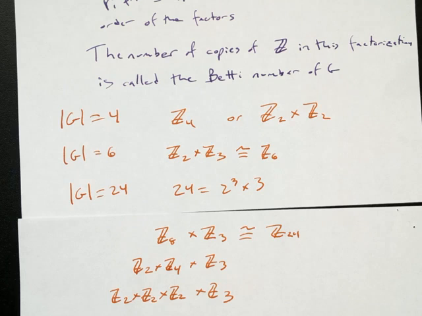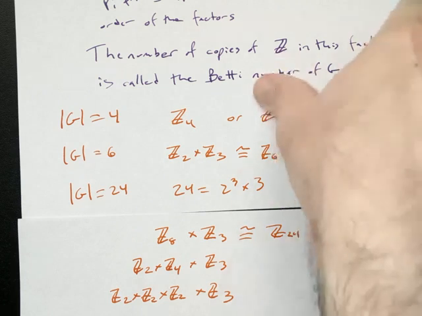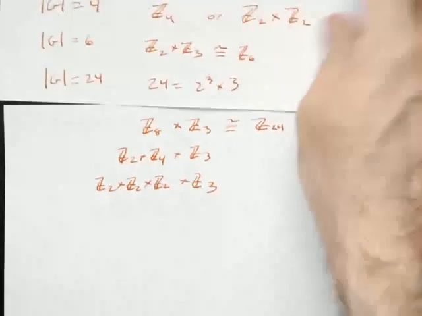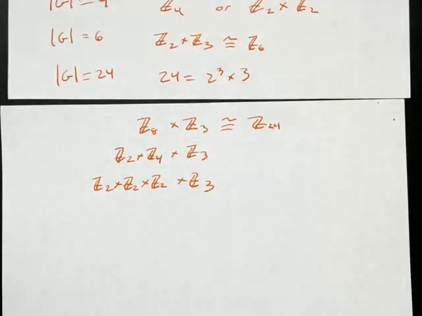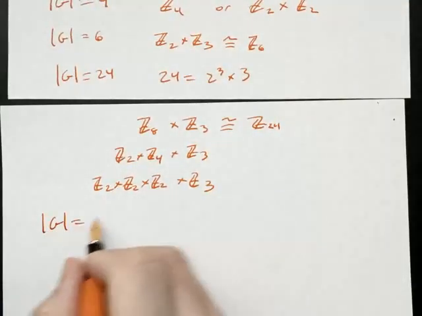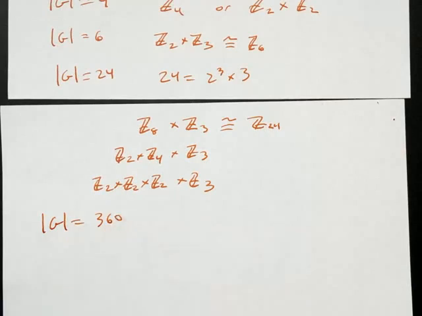Those are my only options. As the order of my group gets larger, the number of options gets bigger and bigger and bigger. But it comes down to the number of ways I can break up the prime factorization. What is the prime factorization of 360?